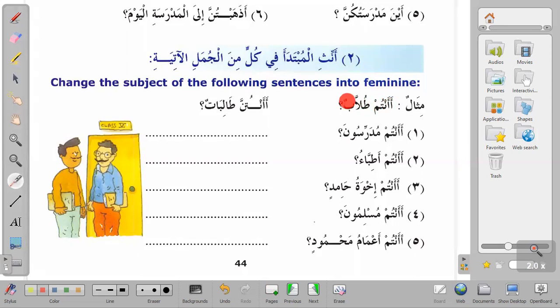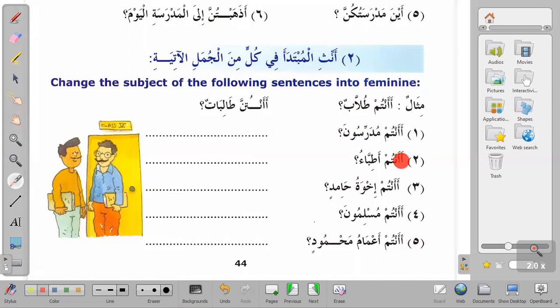So antum tulabun. You now say antunna. Of course you can't use tulabun because this is for masculine. If you are changing the mubtada, of course the khabar will also change. So misalun: antum tulabun. They have answered here: antunna talibatun. Here antum mudarrisuna, so you say antunna mudarrisatun.